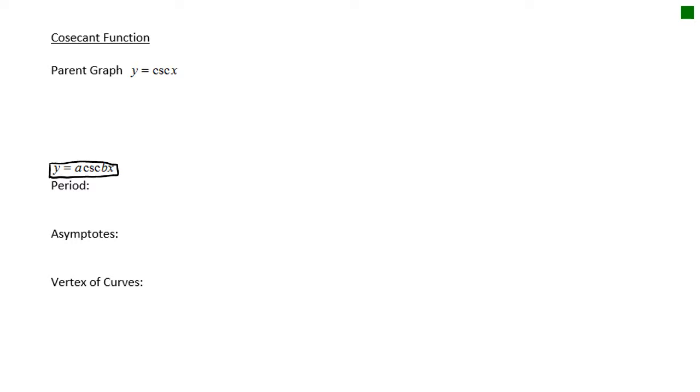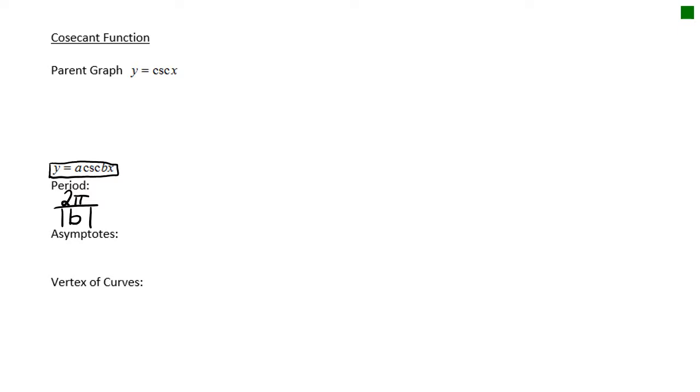So the period is still going to be 2 pi over the absolute value of b. But instead of talking about where the x-intercepts are, because we're talking reciprocal, instead of being at 0, now we're having asymptotes because it's not defined there.